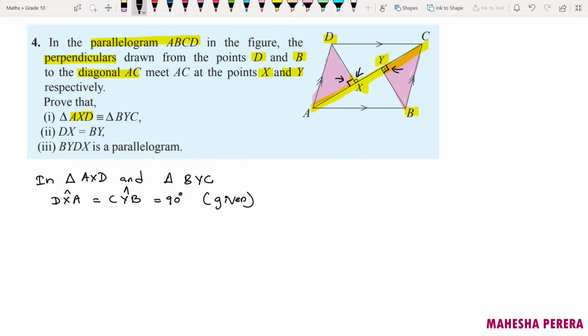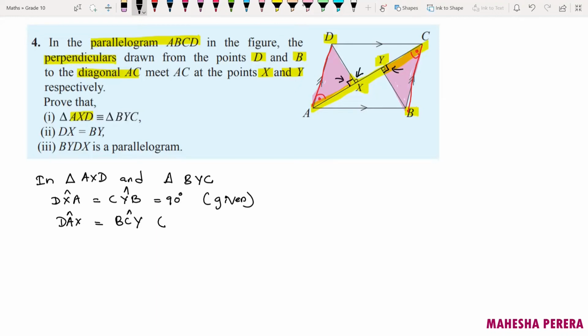Then, can you see these two lines are parallel because this is a parallelogram. So in this case, this angle and this angle should be equal because they are alternate angles. So let's write it. DAX equals BCY.